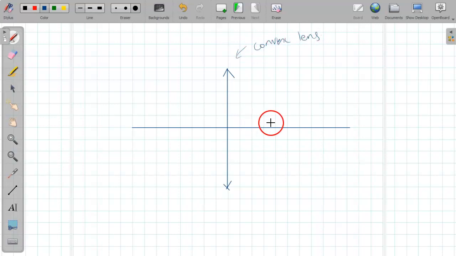If the lens is not given, you can draw arrow mark like this and just label it is a convex lens. Okay. Now it will be easier for you to scale F and 2F. Here you see, here F, and here 2F, same here F, and here 2F. Okay.